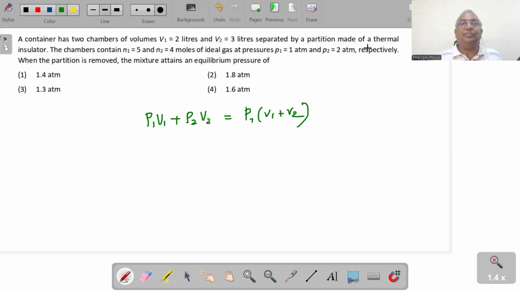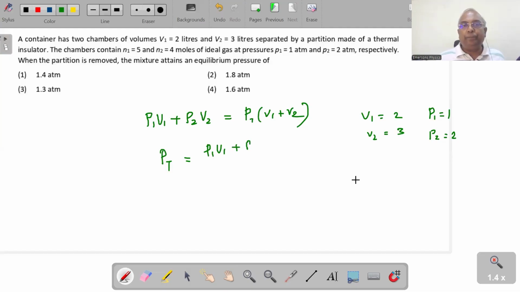So what are the data given? V1 is 2 liters, V2 is 3 liters, P1 is 1, P2 is 2. Can we directly put in and find P total? P total will be P1 V1 plus P2 V2 by V1 plus V2.